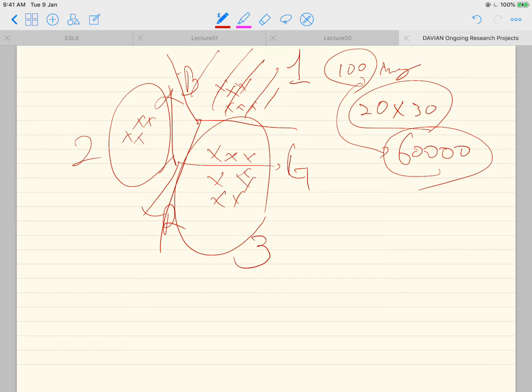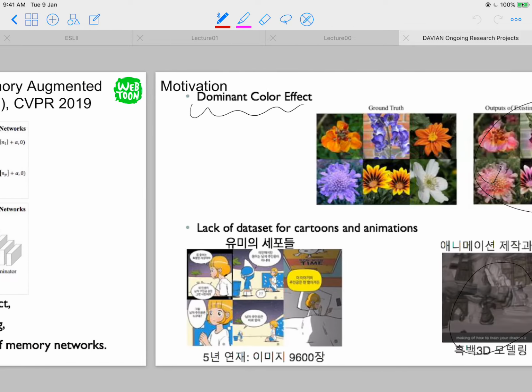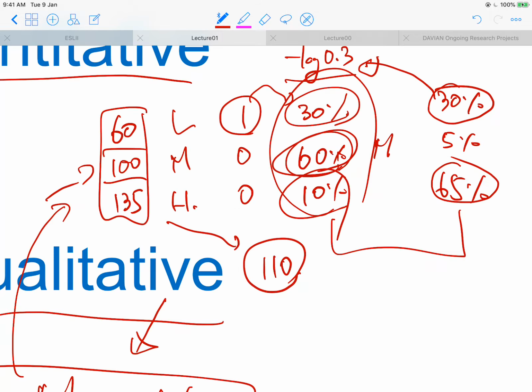So for each pixel, we will just generate a single classification output. Any questions so far?